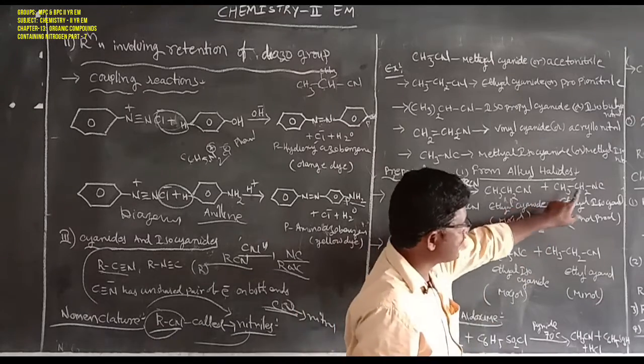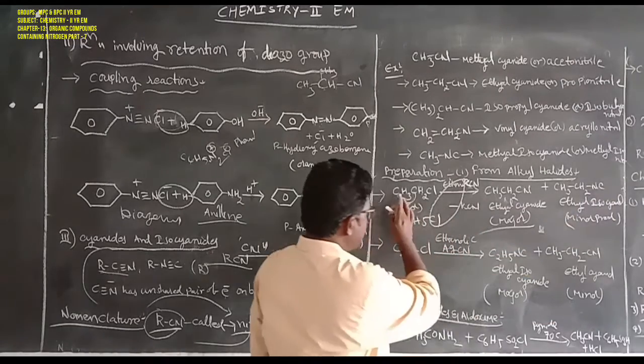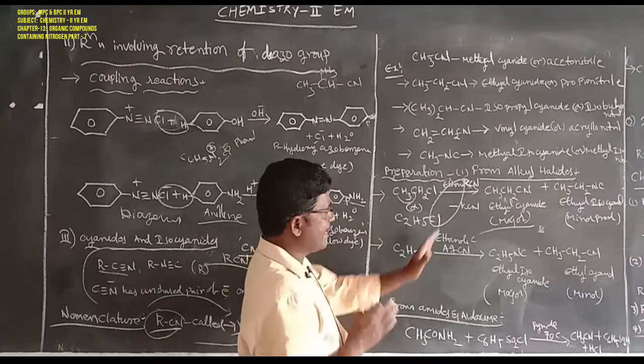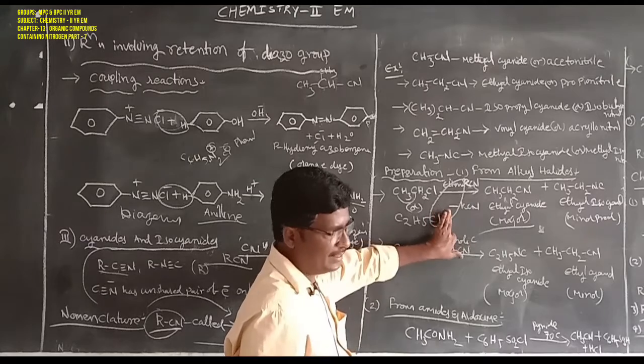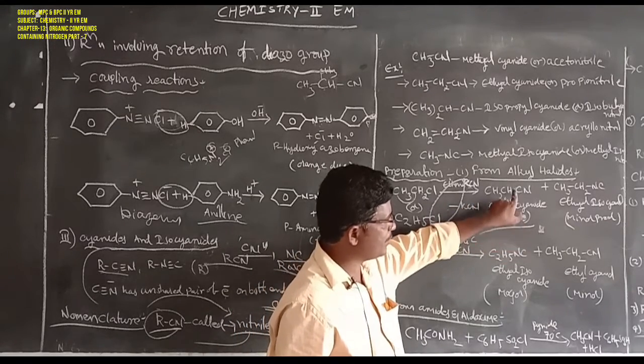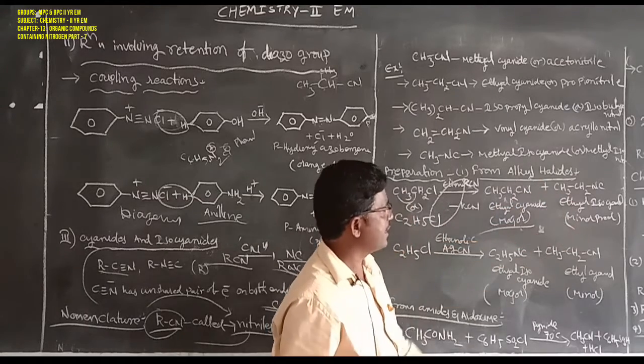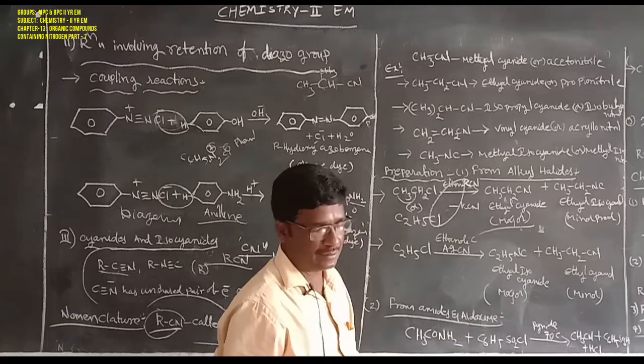The second one is ethyl isocyanide, NC. Ethyl chloride treated with ethanolic potassium cyanide forms two products: ethyl cyanide is the major product, and the second one is ethyl isocyanide. That is the reaction of alkyl halides.